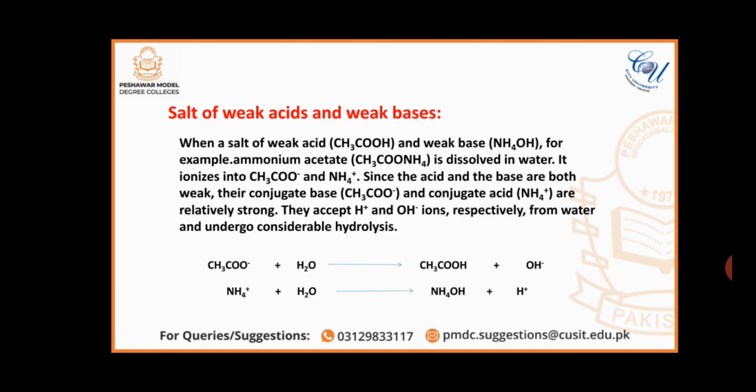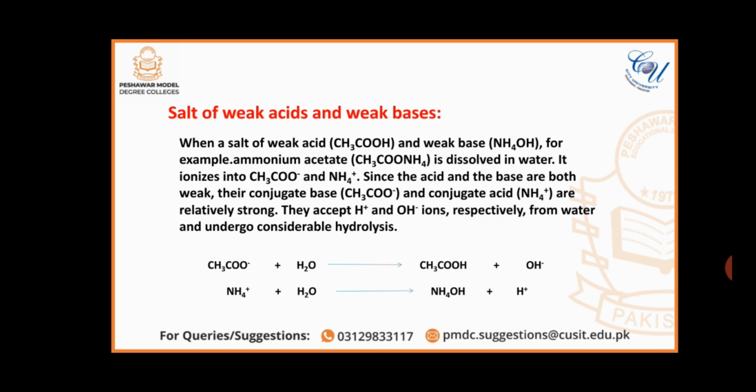Salt of weak acid and weak base. For example, ammonium acetate, a salt of the weak acid acetic acid and the weak base ammonium hydroxide, when dissolved in water, ionizes into acetate and ammonium ion.